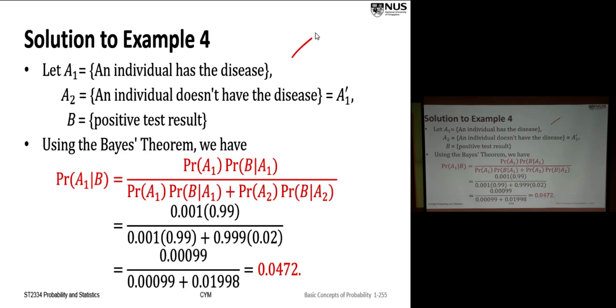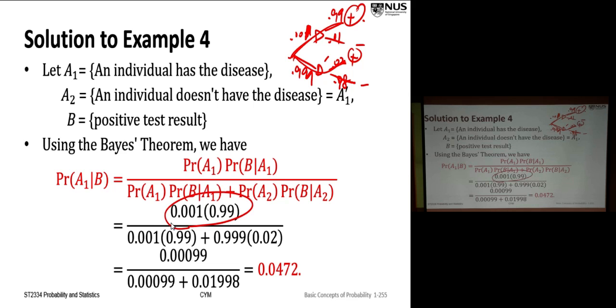Disease, no disease: this is 0.001, this is 0.999. Positive, negative, positive, negative. Positive result 0.99, 0.01, 0.02, and 0.98 get a negative result. So a positive result can come through this path or through this path. Through the first path, this is the probability.